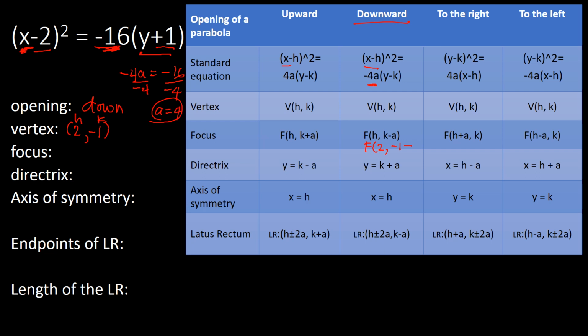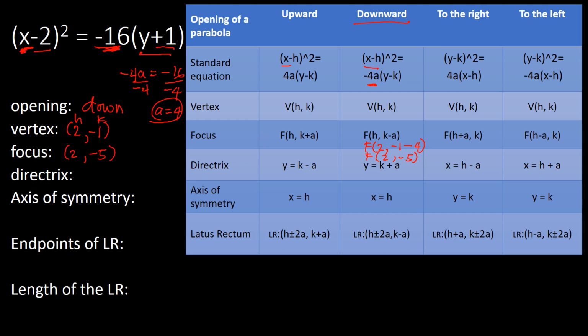So we have k for negative 1 minus our a, which is 4. Simplifying that, we've got focus 2, and then negative 1 minus 4. Since we have the same sign here, negative, negative, we add the numbers. We've got 5, and then copy the negative. So under focus, we've got that as (2, -5).